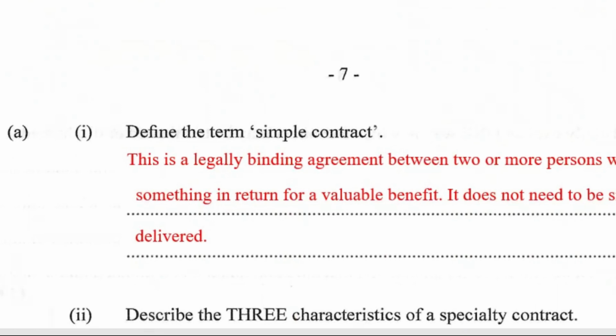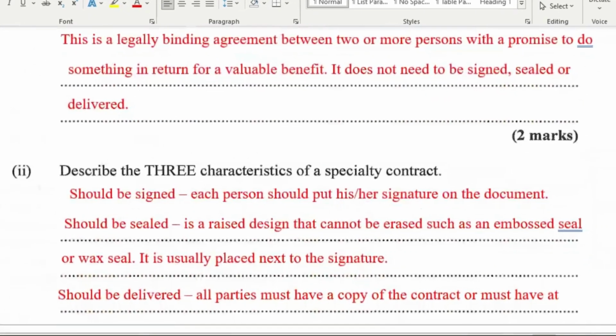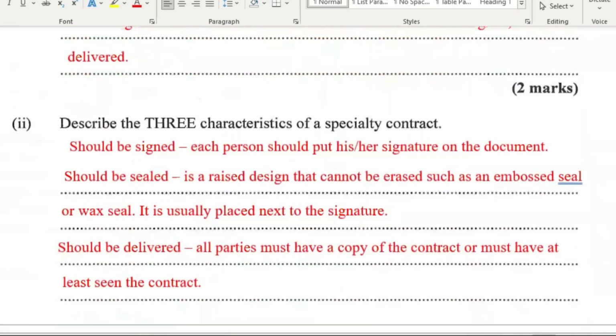All right, let's look at a possible answer. Now, there are 3 things that must be a part of a specialty contract. It must be signed, it must be sealed, and it must be delivered.